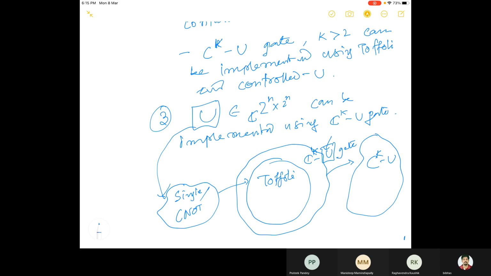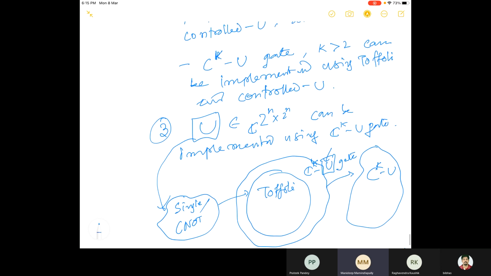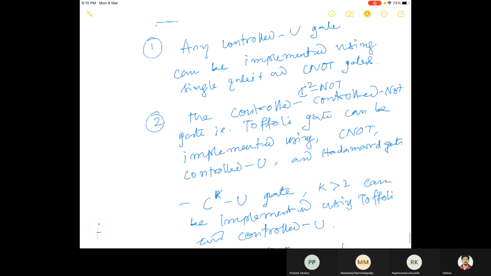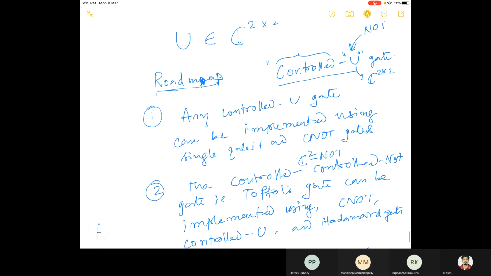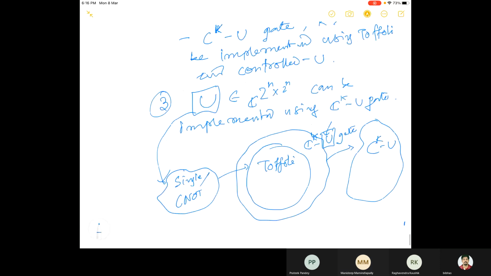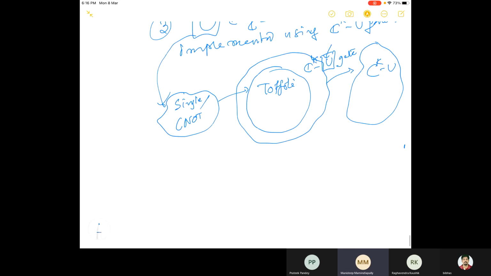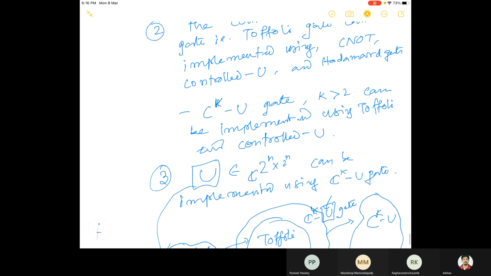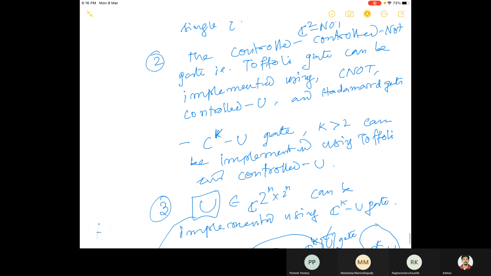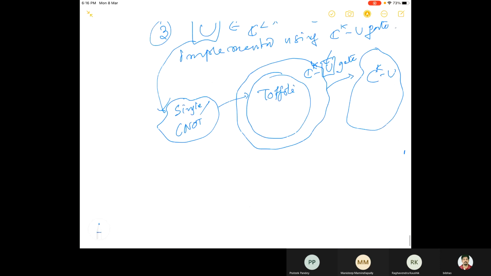Sir, C power K means K controls, is it? Yes. Where did I write it? Oh, I didn't write the definition. Let me write.